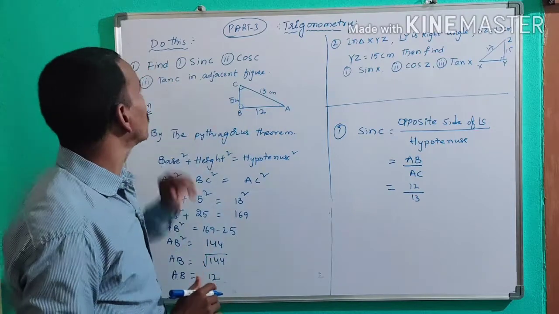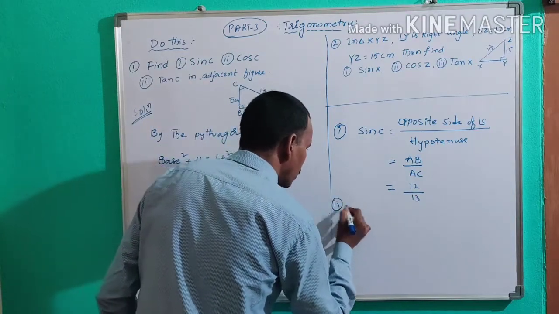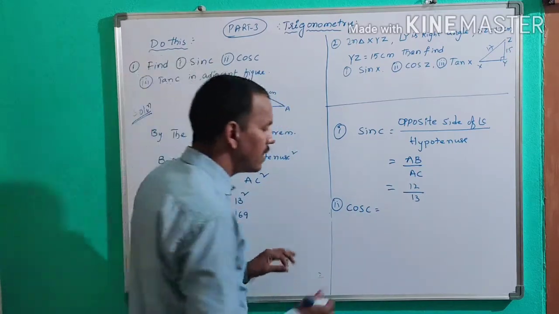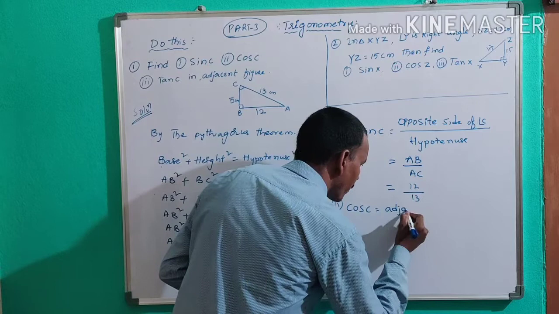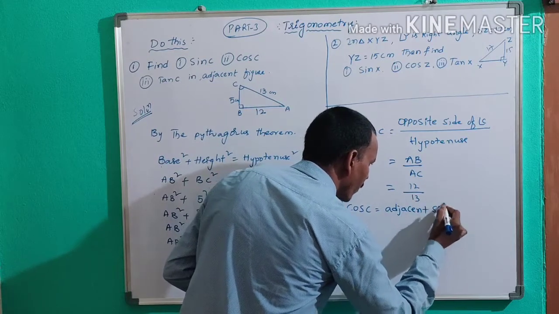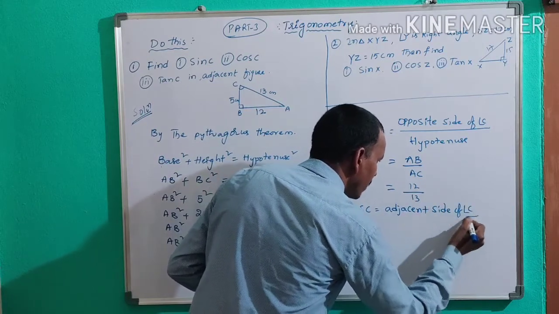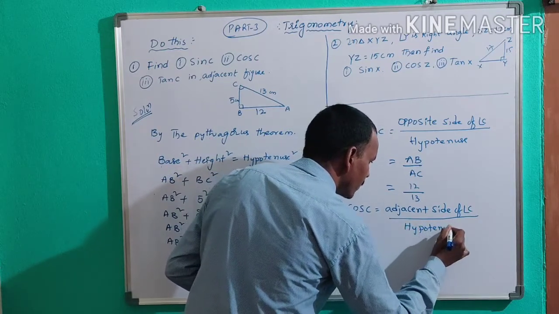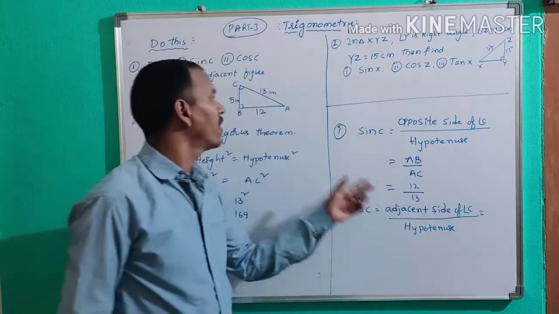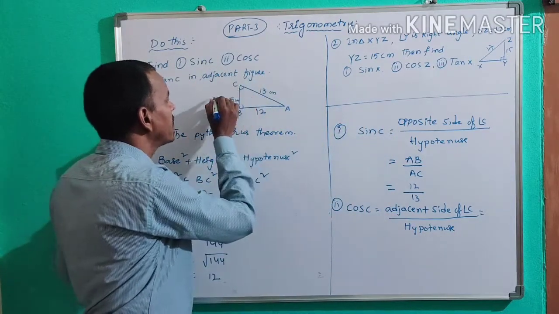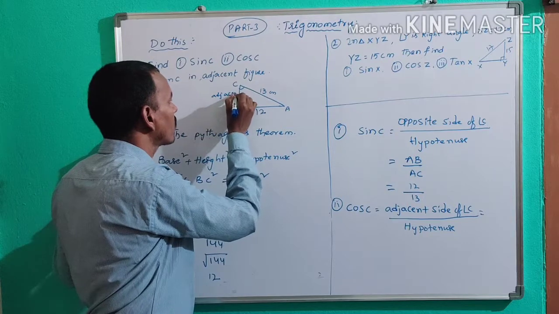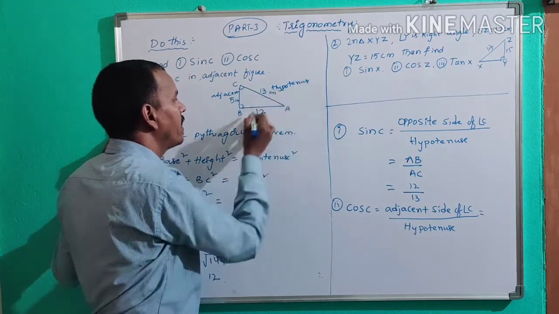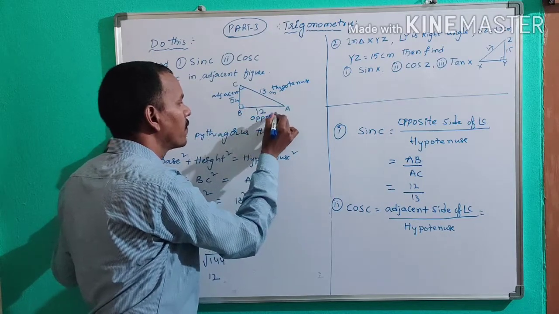Now next to cos C. Second one is cos C. Cos C is equal to what? Adjacent side of angle C by hypotenuse. So what is the adjacent side of angle C? It is adjacent, it is hypotenuse, and it is the opposite side.